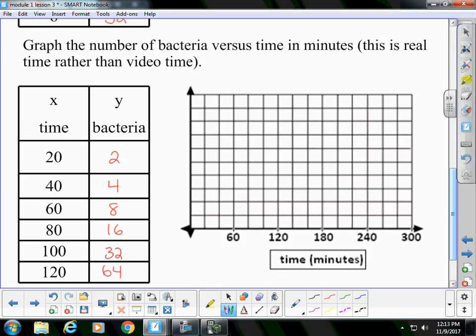Okay, so now I gotta figure out how I'm gonna do my y-axis here. And that's my bacteria, and I want to go up to 64.